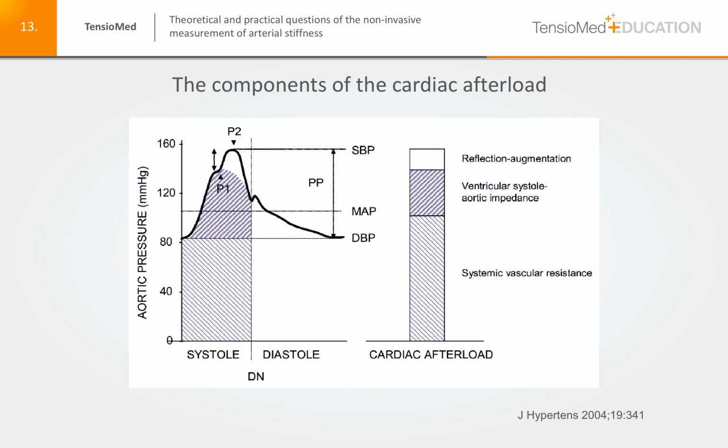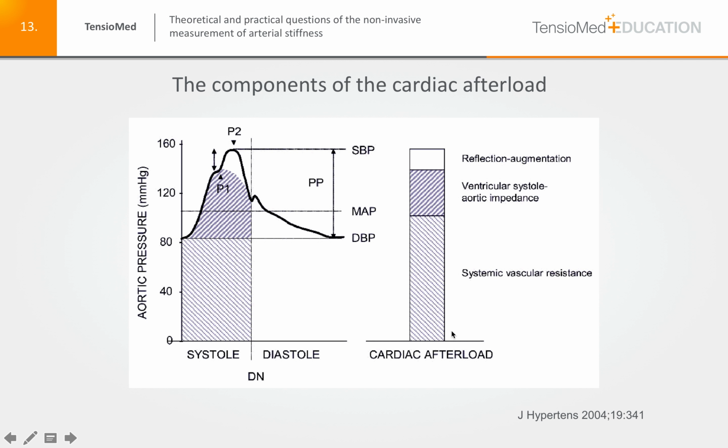Talking about the importance of the augmentation index and the augmentation pressure, which is the difference between the first and second systolic wave, we can say that the higher the reflected augmented pressure is, the higher the cardiac afterload.